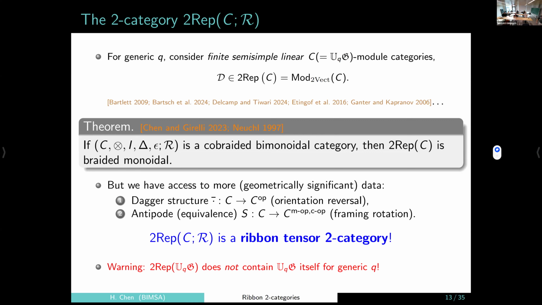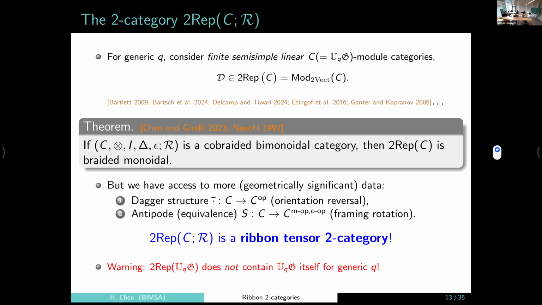But now, not only do we have a bimonoidal category which is cobraided, we also have access to more structure, and they are geometrically significant. The structures are indeed this dagger involution, which is related to orientation reversal, and the antipode, which is related to framing rotation.